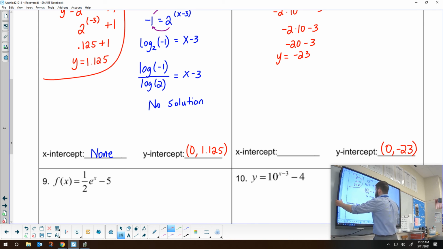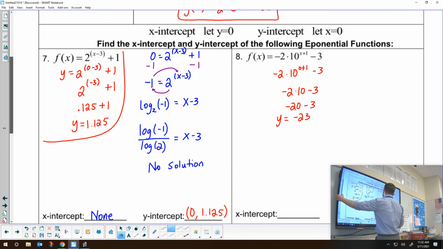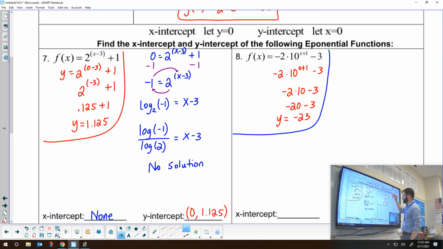Okay, now for our x-intercept, we're going to do the same thing as what we've been doing, right? We're going to block this off, and we can plug in 0 for y. So I can go 0 equals -2 times 10 to the x plus 1 minus 3. So let's start off here. Let us add 3 to both sides.